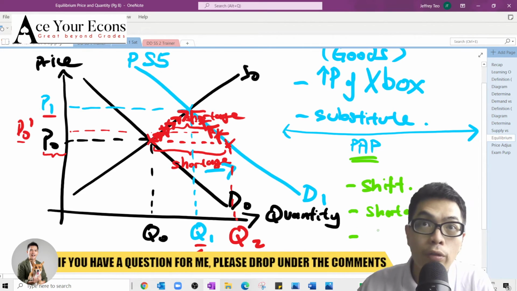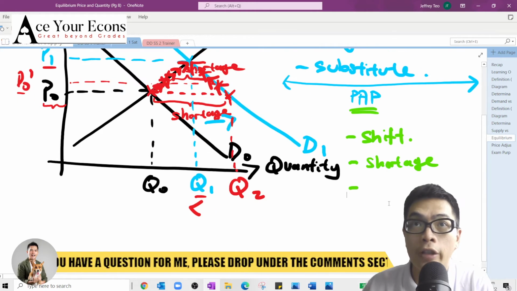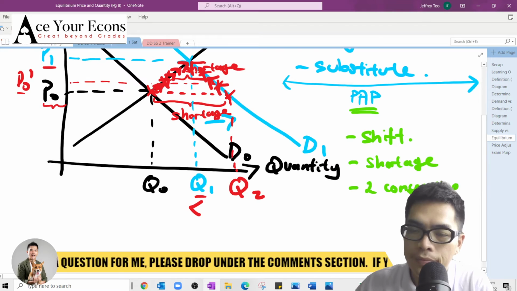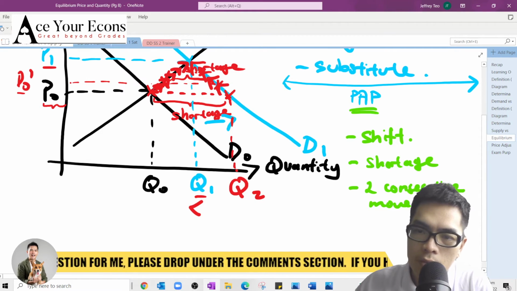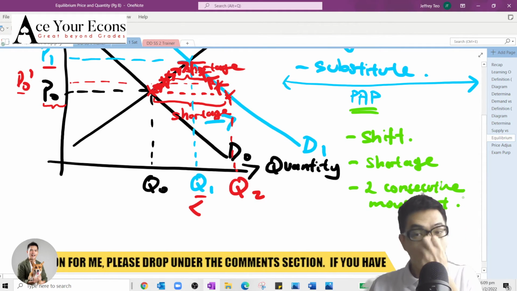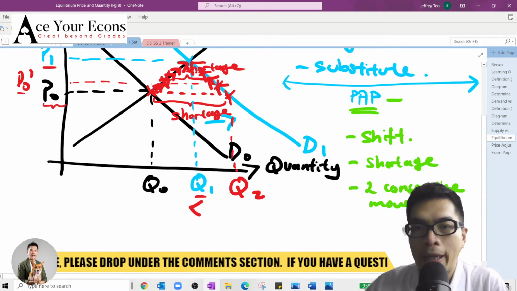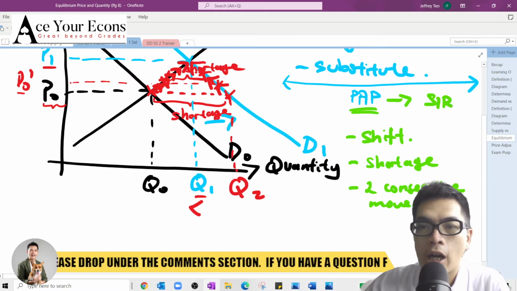You have to be clear, it's a shift that results in two consecutive movements. When you illustrate PAP, you need the SIR process in full.